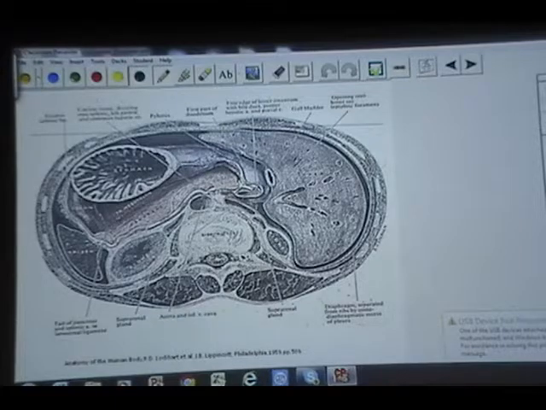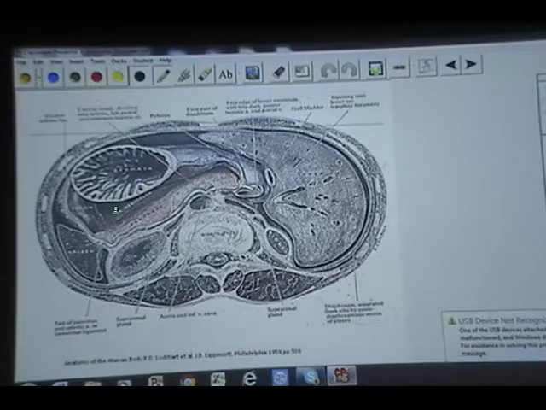And here we show the relationship between the left and right side. Now this is a transverse section, a horizontal section, and this is at the level of T12-L1. So between the last thoracic vertebral body and the first lumbar vertebral body, we've got these structures.